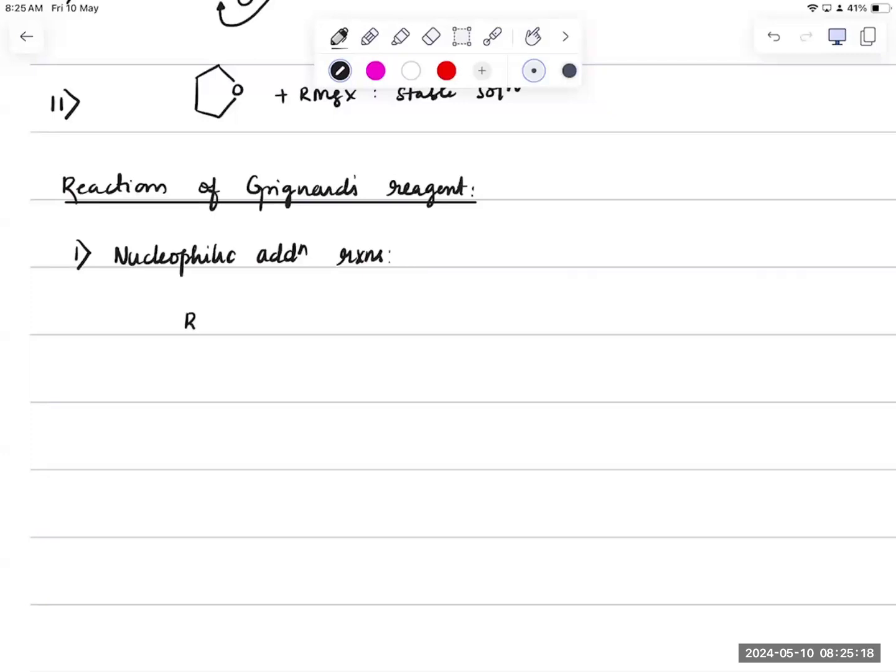So if you take RMgX plus HC double bond O and H, then you'll notice that R minus will attack on this carbon here, and we will get RCH2O minus, because as soon as it attacks, this bond will move on to oxygen, O minus and MgX plus. This is what has been formed.